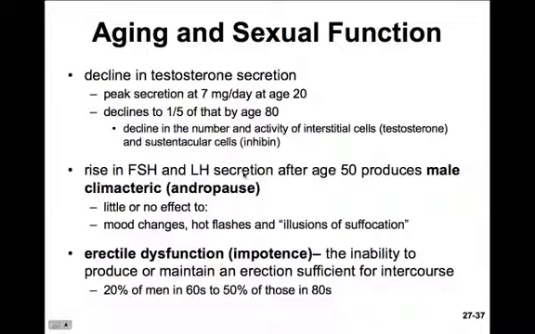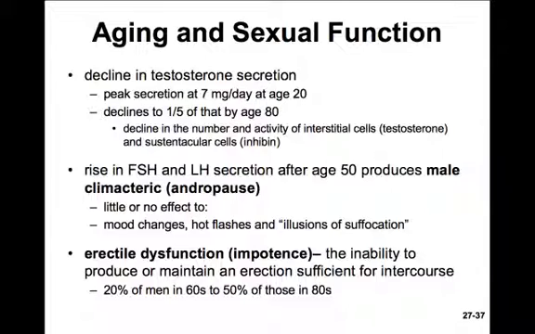Some men have little to no effect, and some men have a fairly dramatic effect that almost mimics female menopause, with mood changes, hot flashes, and an illusion of suffocation.